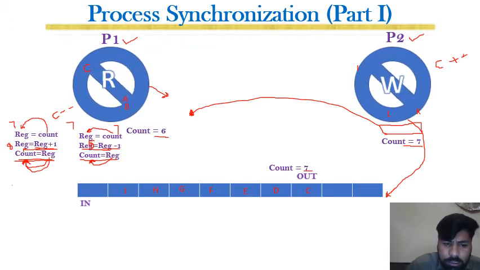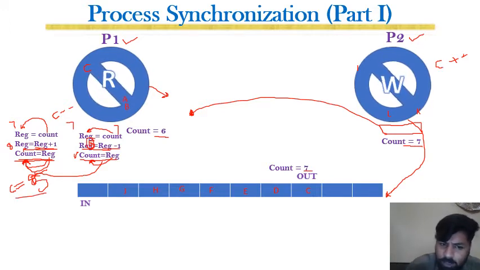So count is equal to 8 here, and soon after the completion of this statement, the decrement operation's last statement is executed, and again the count value is overridden, and count is equal to register. Register is now 5 in this instruction, so 5 is overridden, and the final value we get as a result of concurrent execution of count minus minus and count plus plus will be count is equal to 5.